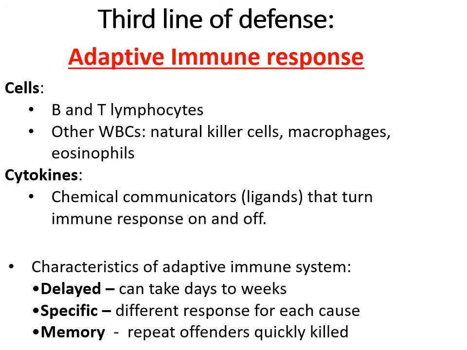So years later, if that same infection were to invade the body, the adaptive immune system would be ready and waiting because it has a memory from the initial response from years ago. Okay, so adaptive immune system creates a long-term memory.